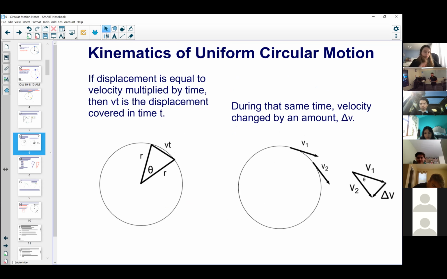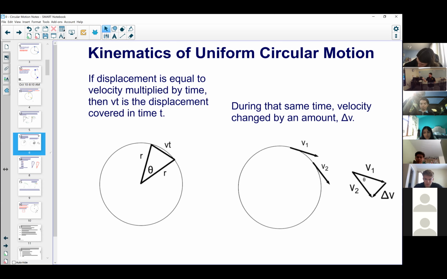All right, the next principle is, if we think there's two circles here, so on the left, if displacement is equal to velocity multiplied by time, which we learned last semester, then V times T is the displacement covered in the time. Now we're not showing it infinitesimally small, we're showing it big enough to see just for visualization. But now it's not a dashed line anymore, it's just that straight line.